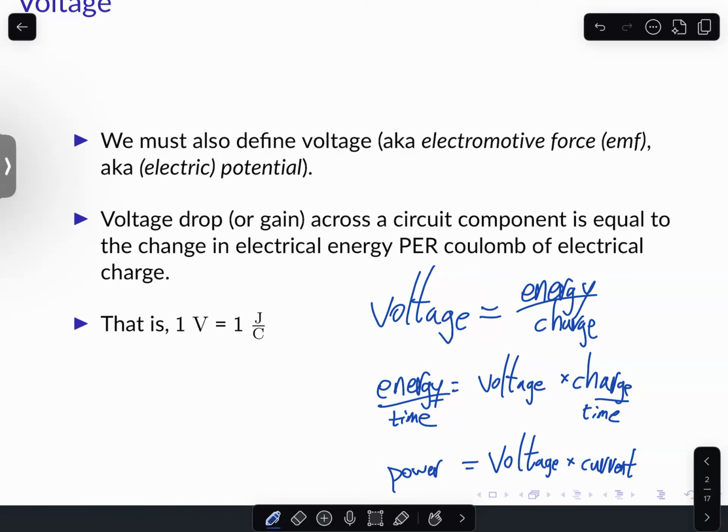Okay, so wait, one more analogy. I promise this is the last analogy. But it's important to get a sense of these things. Voltage is how much you suck on a straw. Imagine taking a straw and sucking or blowing on it, right? What do you have to do with your lungs to blow air through a straw or anything?